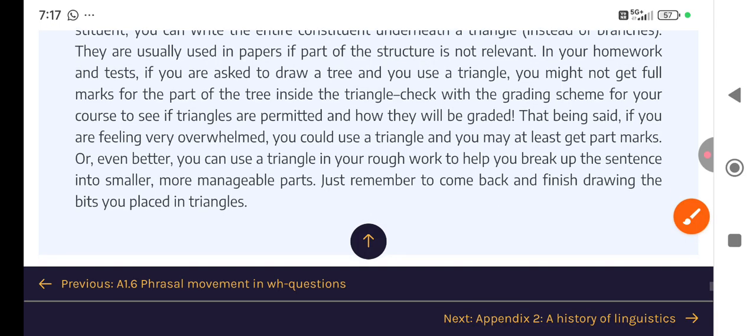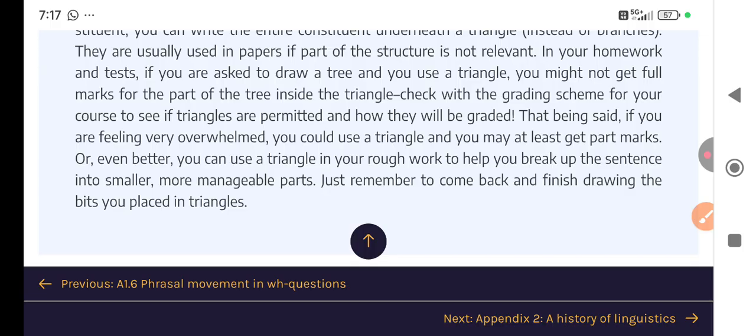They are usually used in papers if part of the structure is not relevant. In your homework and test, if you are asked to draw a tree and you use a triangle, you might not get full marks for the part of the tree inside the triangle.